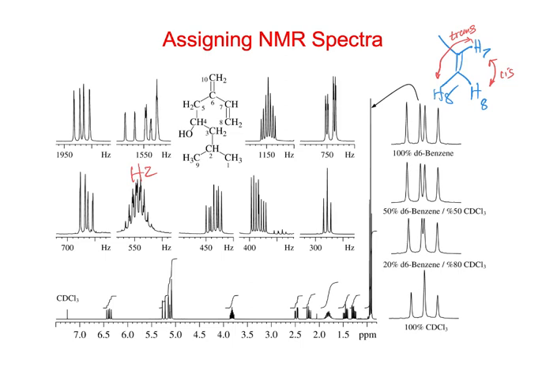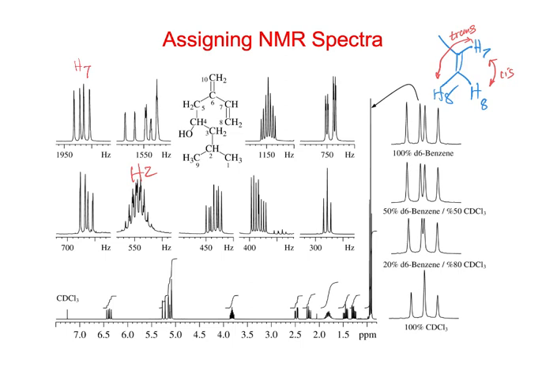I thought that was a ring this whole time. Oh, you did? Oh, sorry. Yeah, there's no bond between here. Okay. All right, we're back on the same page. Okay, so H7 would have two coupling constants like this, so it should be a doublet of doublets. And so that's probably this one out here.